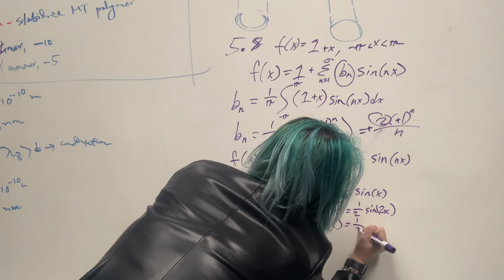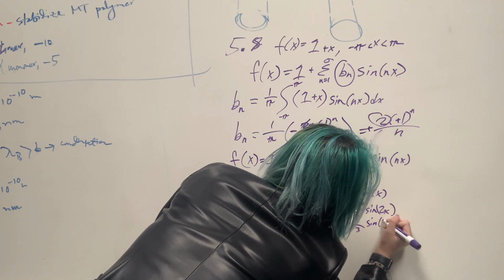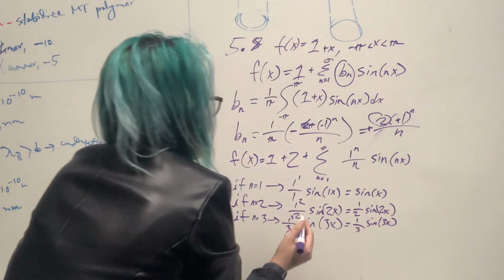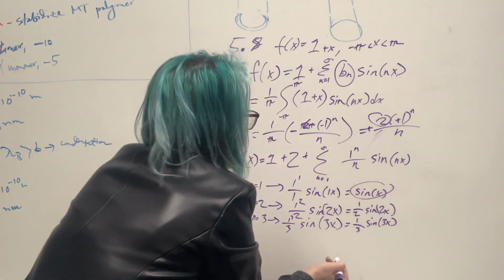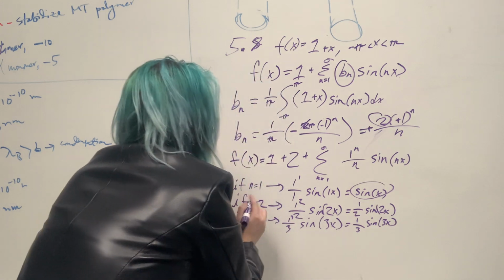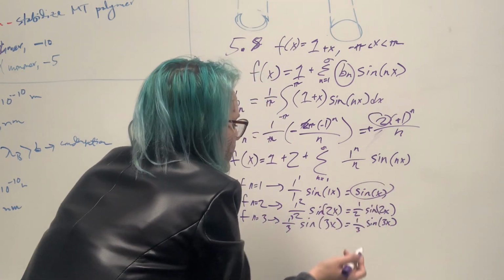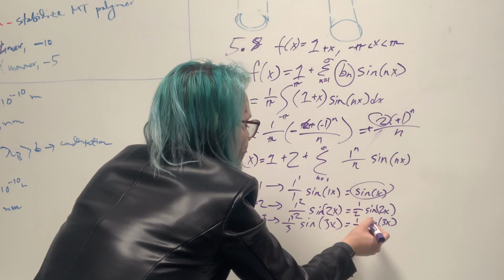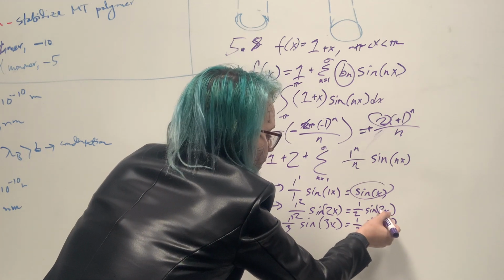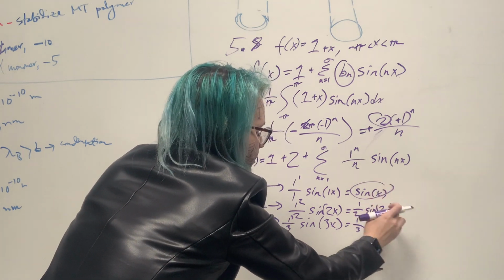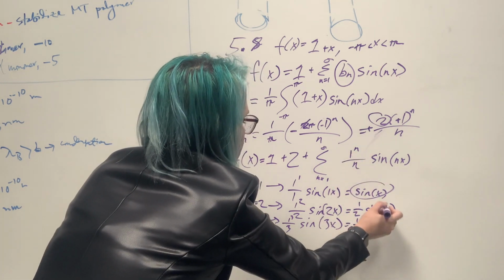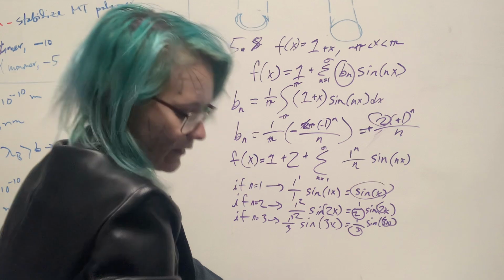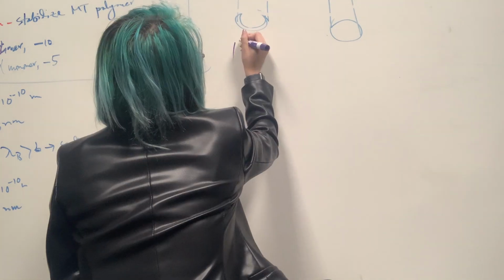So that's 1/3 sine 3x. So this first one is just going to be sine x because 1 is just 1. But after that, n is equal to 2. That's going to be 1 over whatever the n is times sine of that number again times x. And that's just going to follow the same pattern infinitely, which I think is really neat.